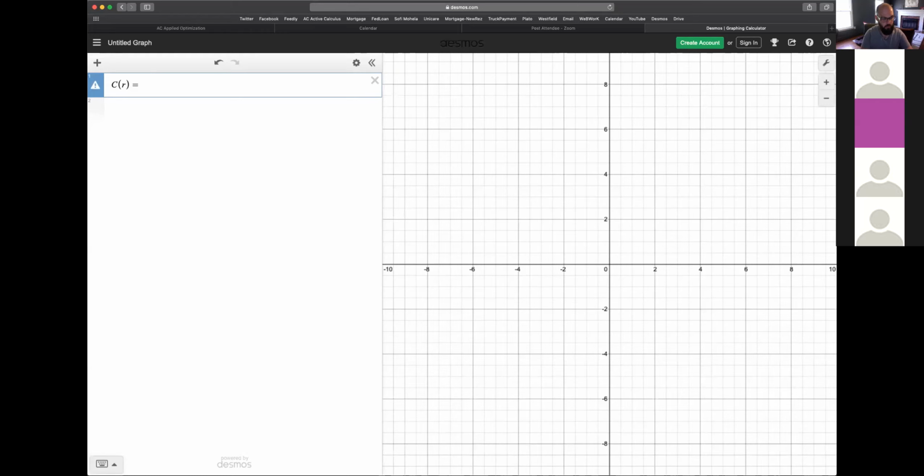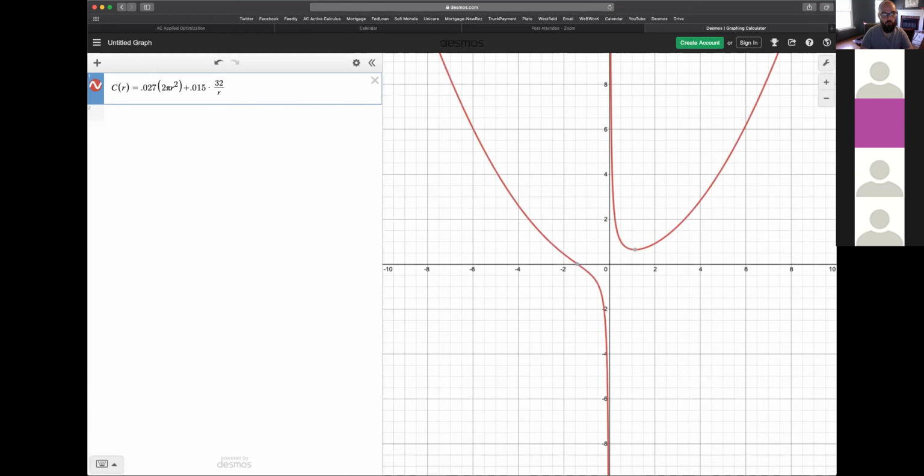We're going to call this C of r, and then we'll get 0.027 times 2 pi r squared, plus 0.015 times 32, and then over r. And we said we only want to consider this when our r value is positive.